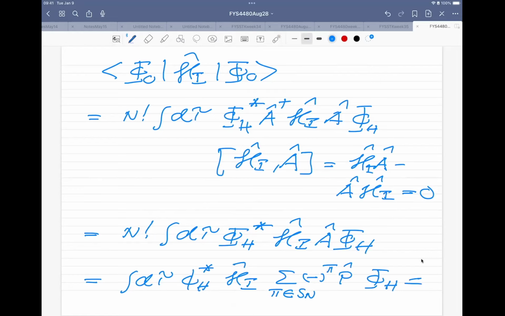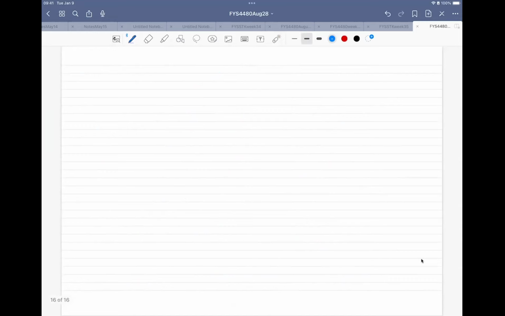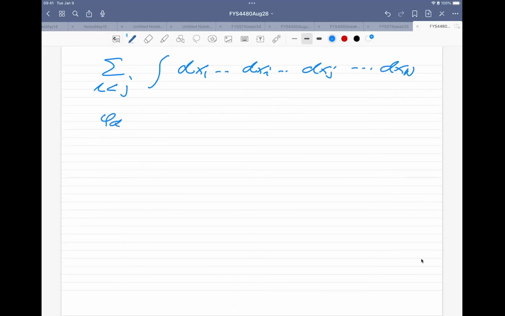So in full glory, this is now going to be a sum over the interaction elements. So I have ij. I have an integral over dx1, and then I'm getting up to dxi. There's going to be a dxj, and then I have a dxn. And this is now multiplied with a phi alpha 1 of x1, a phi alpha 2 of x2 complex conjugate.